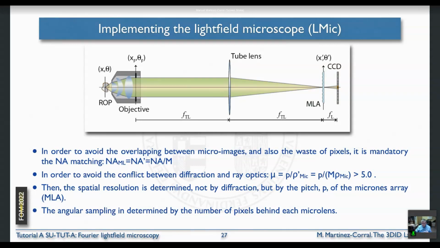Parameter mu evaluates the quotient between the pitch of the microlens array and the radius of the Airy disk as evaluated here. It must be bigger than 5. And then in this case, everything works. The Lightfield concept works. Resolution is mainly determined not by diffraction, but by the pitch. And finally, remember that the angular sampling is determined by the number of pixels behind each microlens. So it's important also to fit many pixels here.